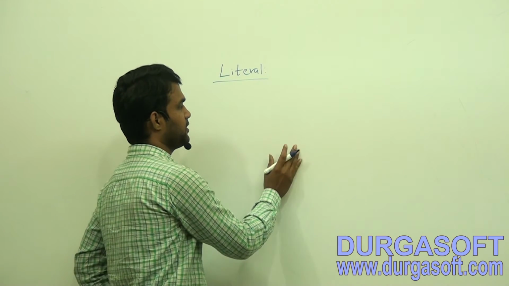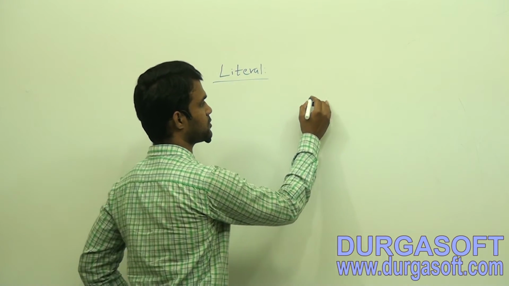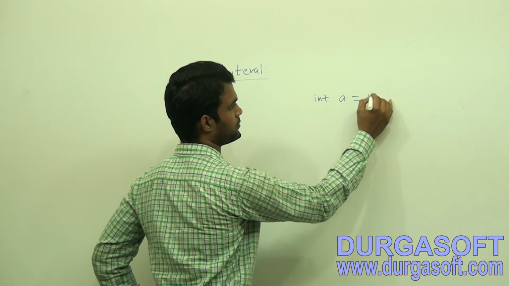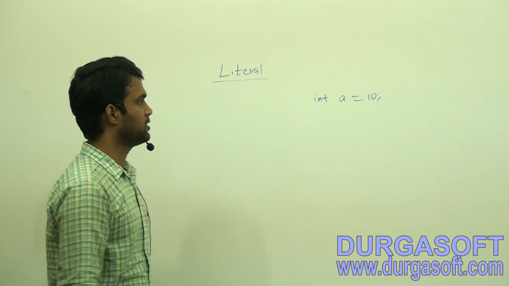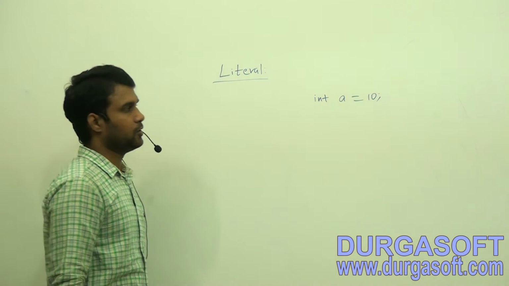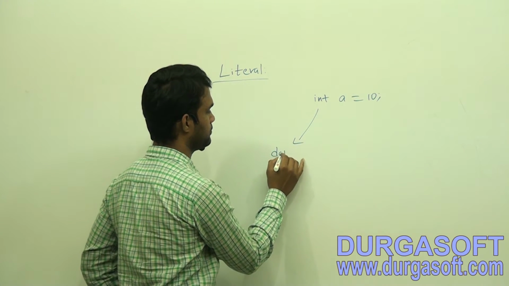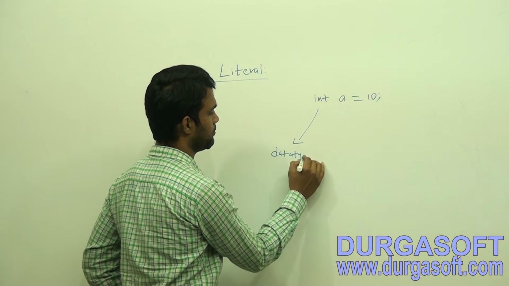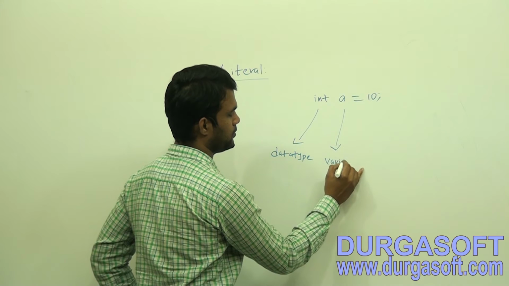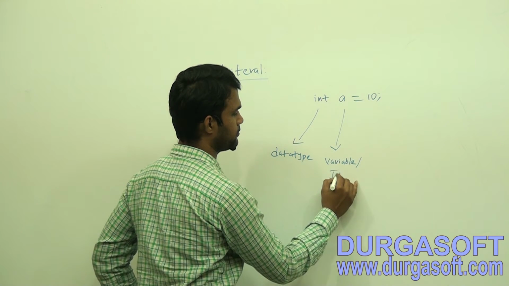First of all, let me represent one numeric value in our Java programming: int a is equal to 10. Here int is what we call a data type. This is the variable, or we can also call it an identifier.